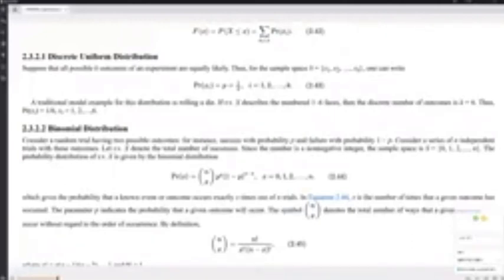So if we have k elements, then the probability of each element becomes just 1 over k, because all k elements should have the same probabilities. In case of rolling a die, we have 6 elements, and the probabilities will be 1 over 6.